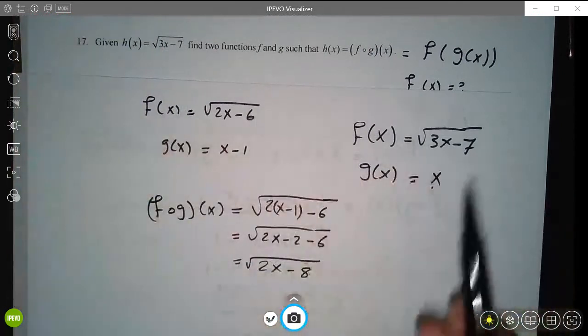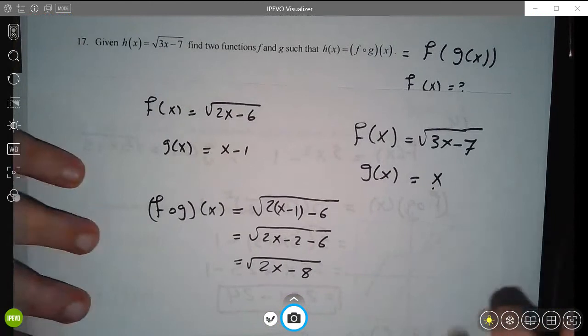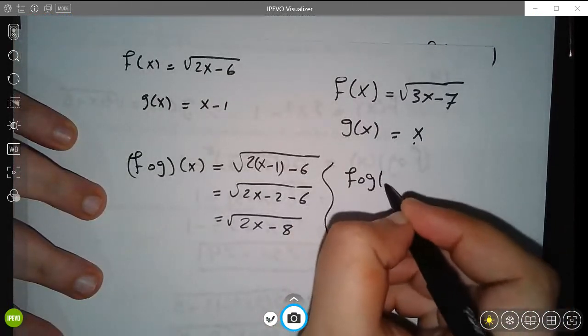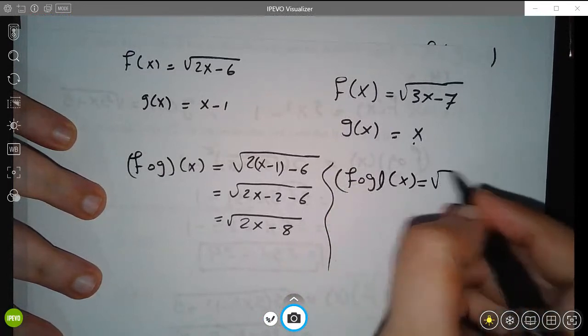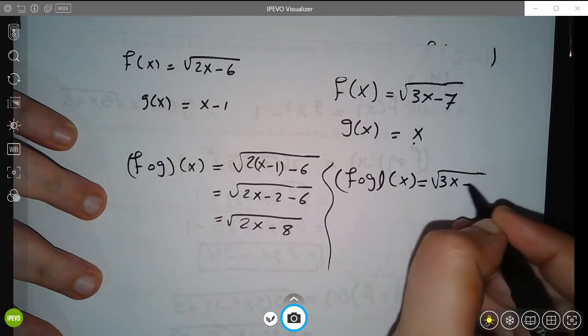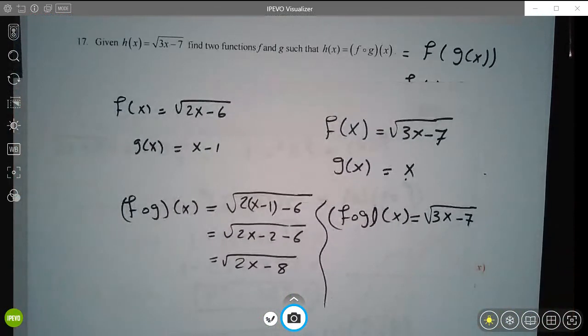No change. Done. That's the result. Let me show it to you. Of x, right? So this is going to be root of 3x minus 7. Same answer. We're done. Wasn't that easy? That was one possibility.